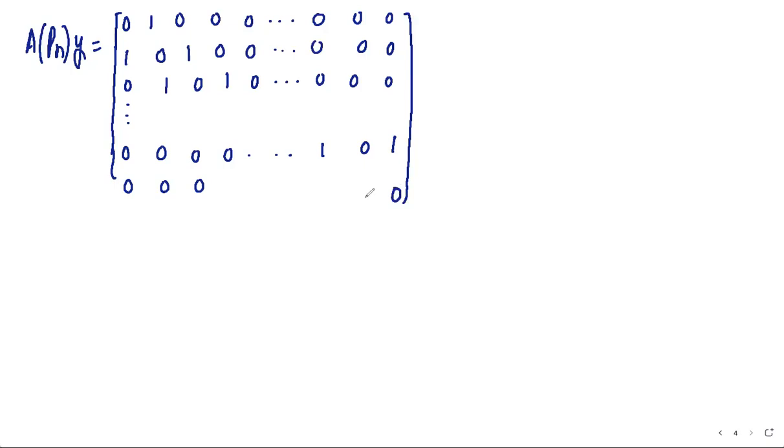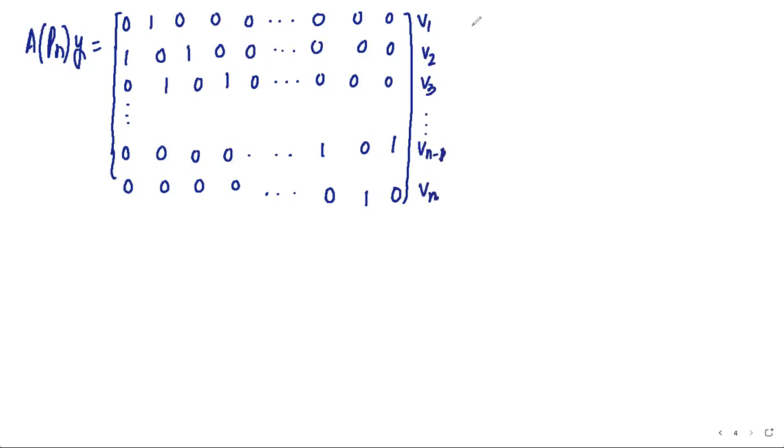But the entry before that will be equal to 1, because vertex n minus 1 is adjacent with n. And now this entry will again be equal to 0, and all the remaining entries will be equal to 0. So this is the row corresponding to vertex v1, this row corresponding to vertex v2, to vertex v3, this is the row corresponding to vertex vn minus 1, and this is the row corresponding to vertex vn.